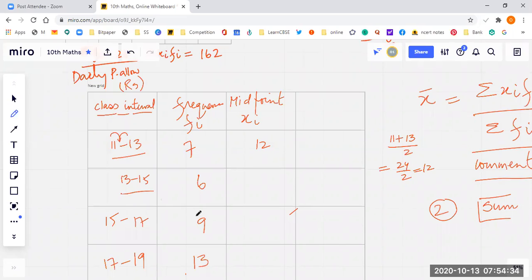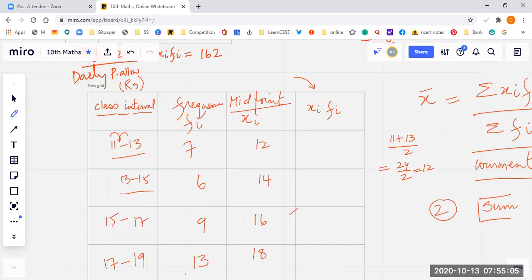Now just see whether the class size is the same. Yes, the class size is 2 in every case, 17 to 19. So simply add 2 to that, and you will get 14, then 16, then 18, and so on. And what is the next step? What will be the next column? We know xi, we know fi. It will be xi fi, the multiplication of that.